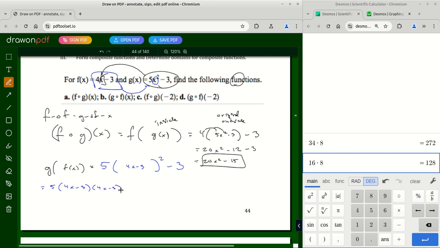Like, shouldn't I just take that? So here we go. Keep the 5 in the front. 4 times 4 is 16x squared. Negative 12x. Negative 12x plus 9. Distribute your 5. Whew. All right.